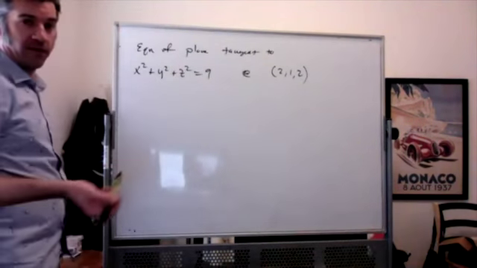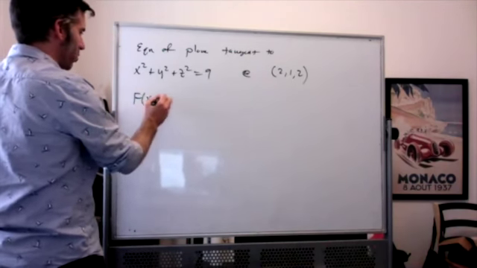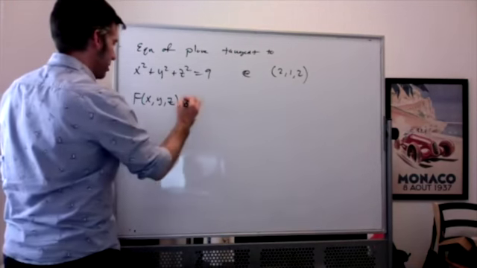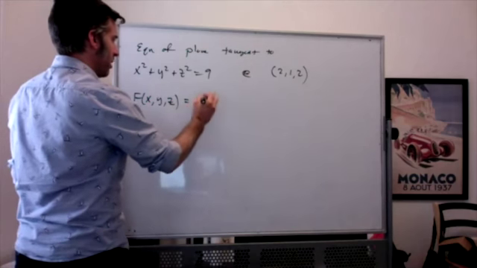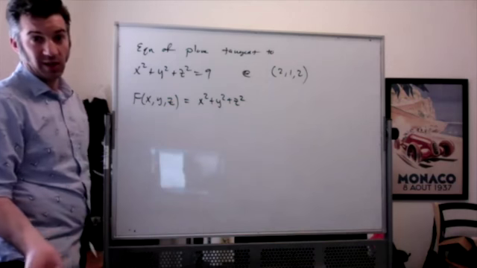As far as finding your capital F function here, you can basically ignore any constants. So you could say capital F of x, y, z is x squared plus y squared plus z squared. And we're looking at where it's equal to 9.